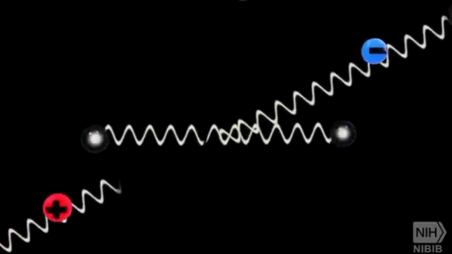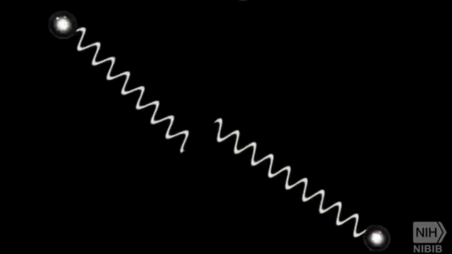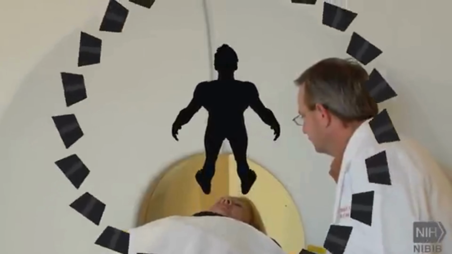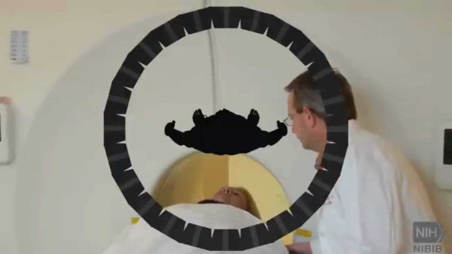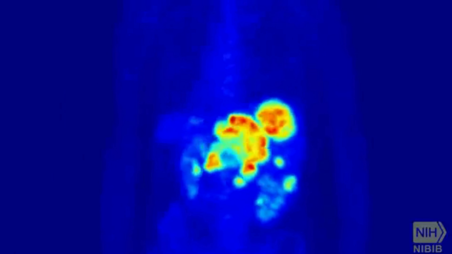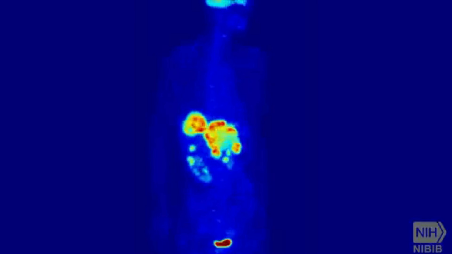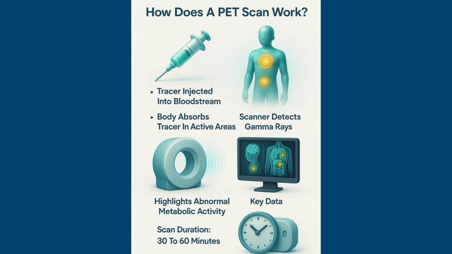These coincident photons are emitted in opposite directions and are detected simultaneously, enabling three-dimensional reconstruction of tracer distribution. Quantitative analysis is subsequently performed using parameters such as standardized uptake values, which reflect the relative concentration of tracer in specific tissues and provide clinically relevant insights into disease processes.